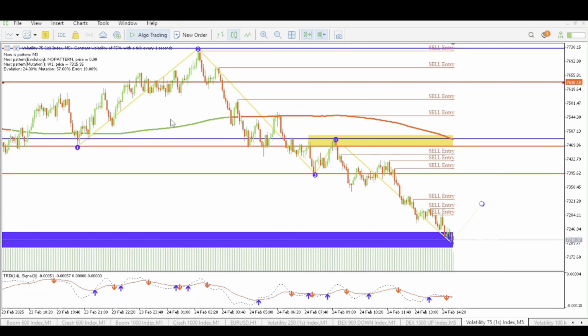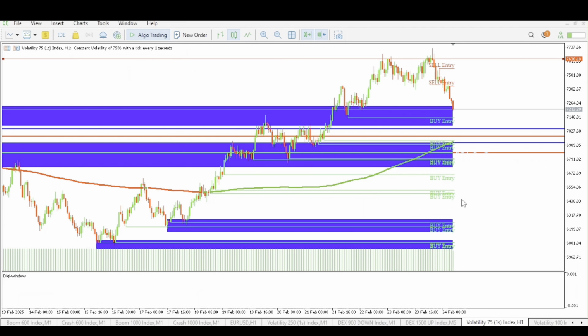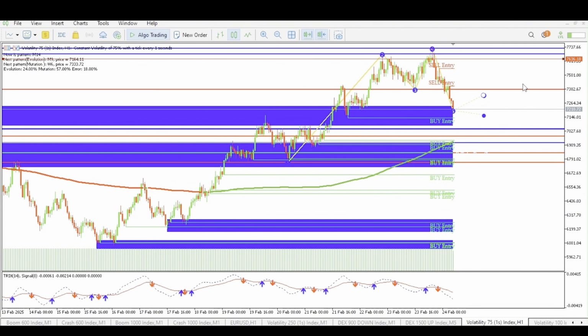So when you are using this system, the best thing to do is, first and foremost, you open your bigger time frame, which is H1. So in a nutshell, I'm going to open H1. Then I'm going to explain to you how this thing works. As you can see, here we got a sell entry on H1, right? So after this sell entry, that is when you are going to check on your smaller time frame.